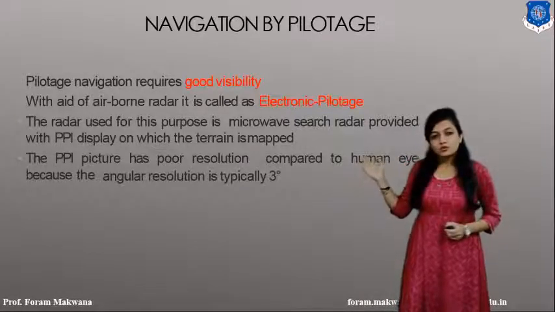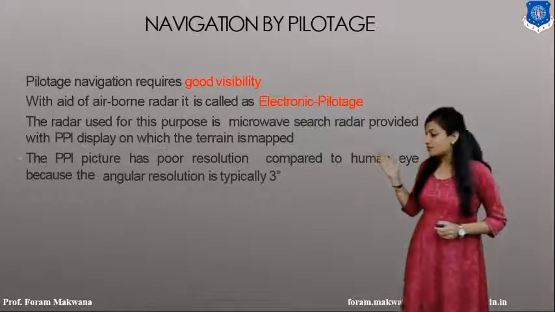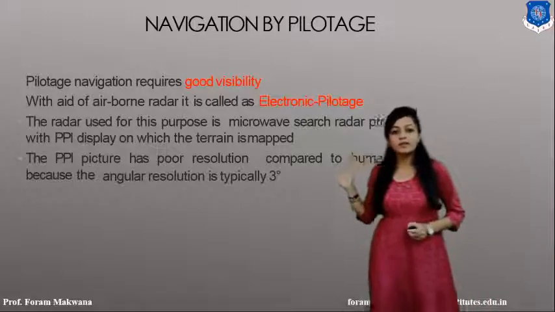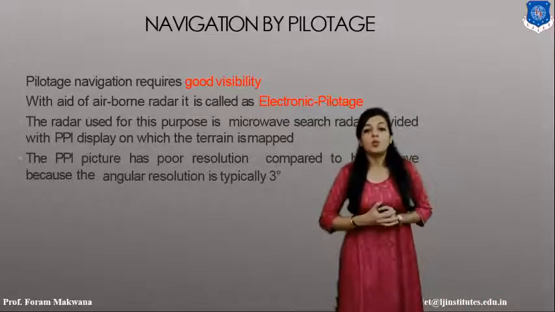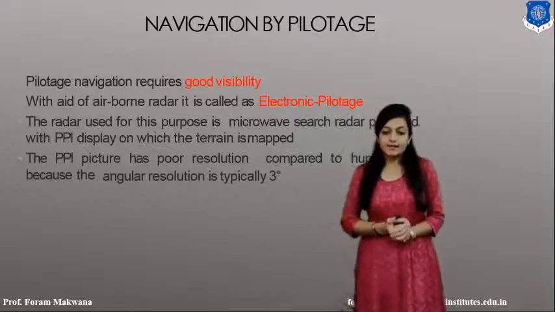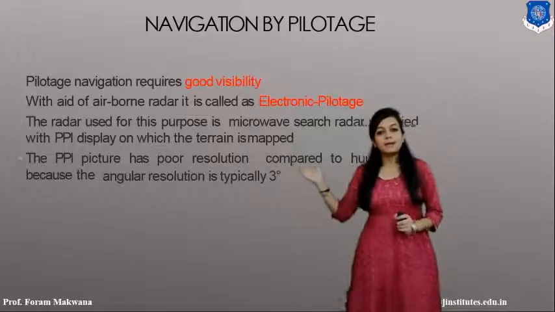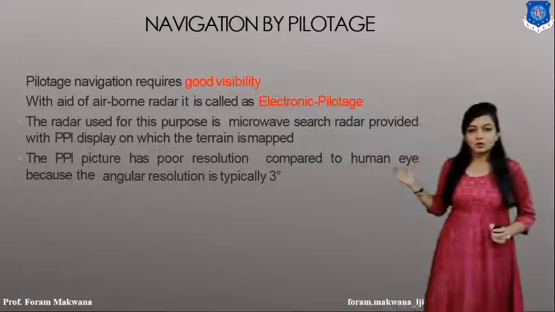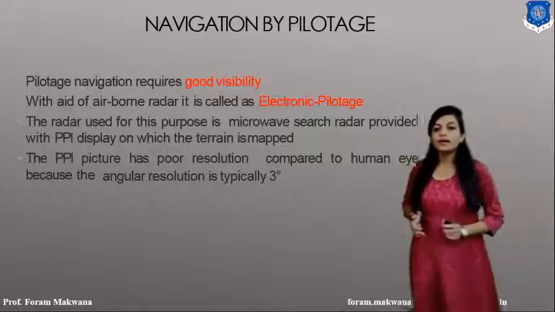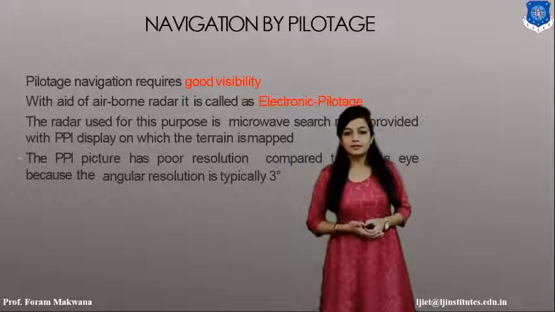The radar used for this purpose is a microwave search radar, which is provided with a PPI display, on which we are able to map a direction, right? The PPI picture has poor resolution compared to the human eye. Why? Because the angular resolution is typically 3 degrees, right?